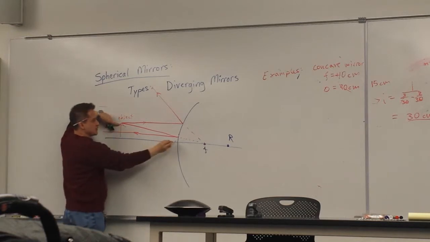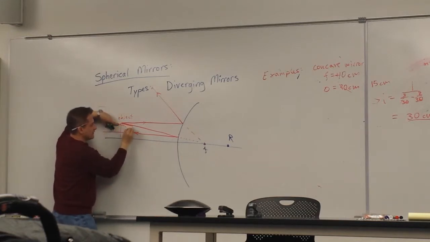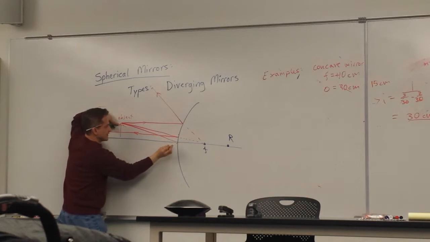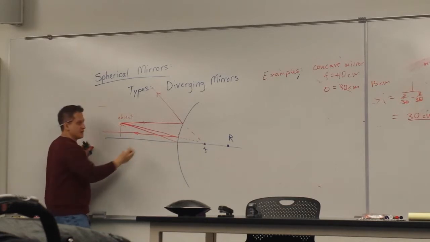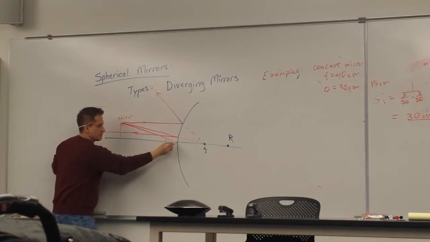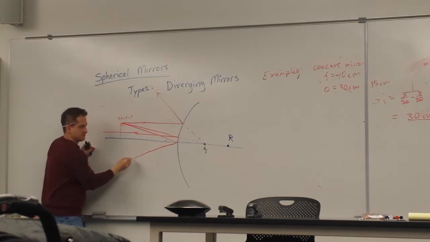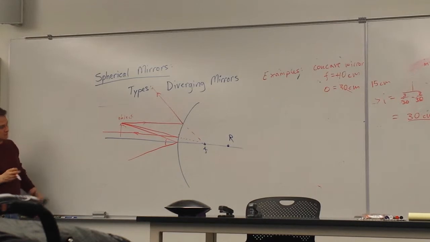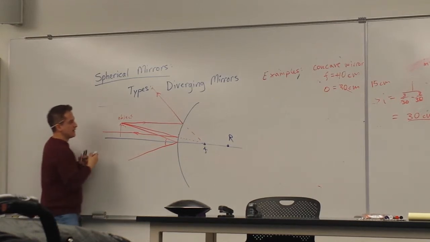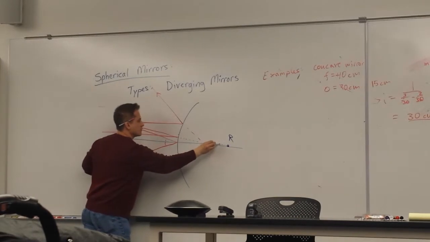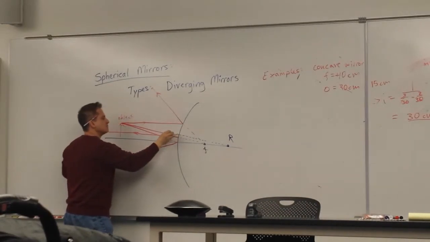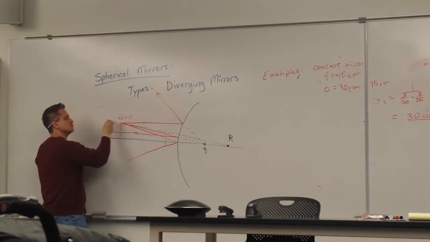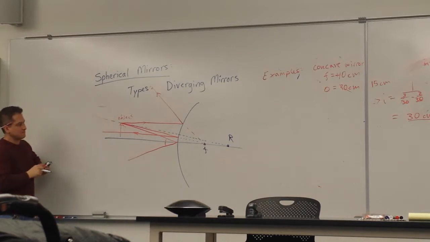So I'm going to use this one because it's just too hard in a diagram for me to squeeze that other one in there. So the ray coming in this way is going to come out this way. And maybe in another color I can just sort of point out the third one would be this one. Now, here's the thing.